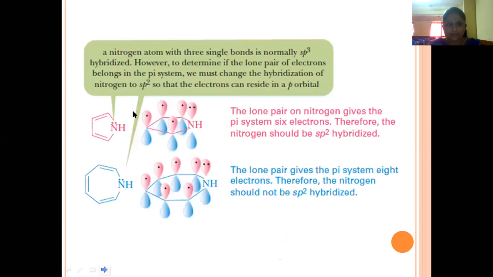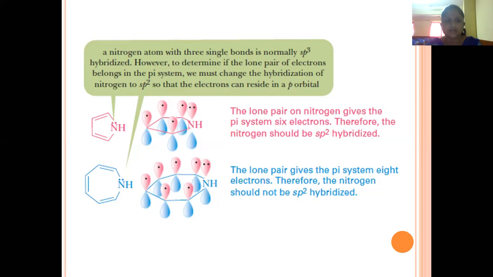Now examples of these types of compounds, whether they are aromatic or not. Pyrrole. The lone pair of nitrogen gives the pi system of 6 electrons. Here, this nitrogen is also possessing the lone pair of electrons, but the structure itself has 2 pi bonds. That means one double bond belongs to 2 electrons.